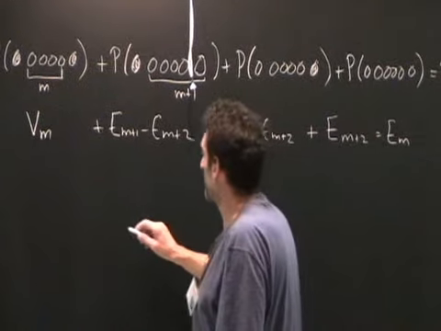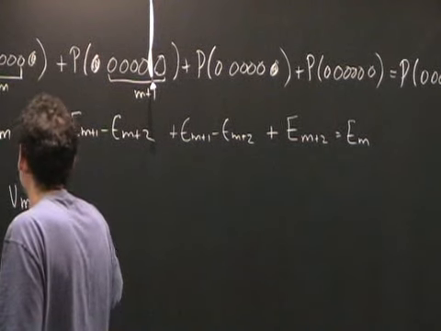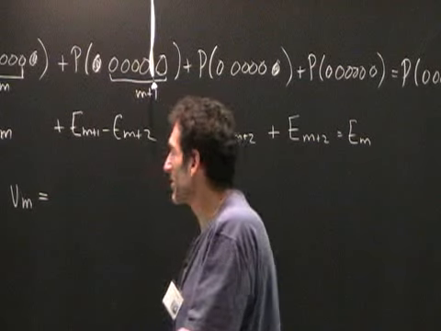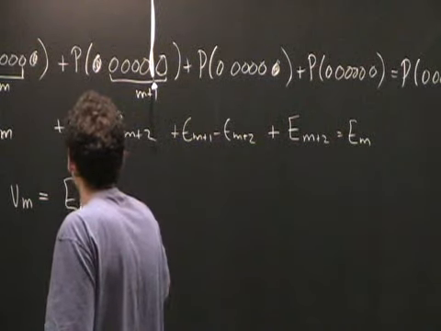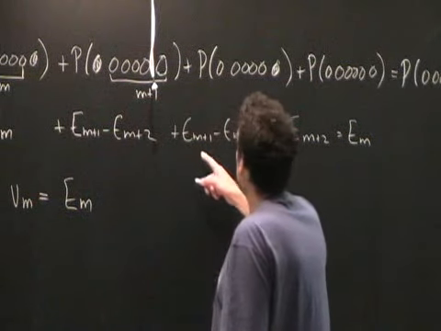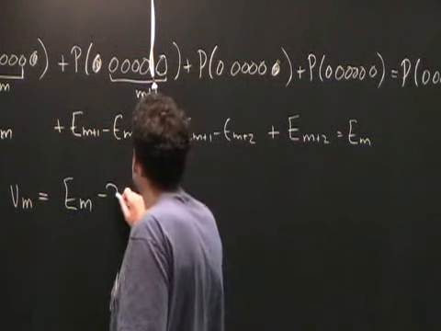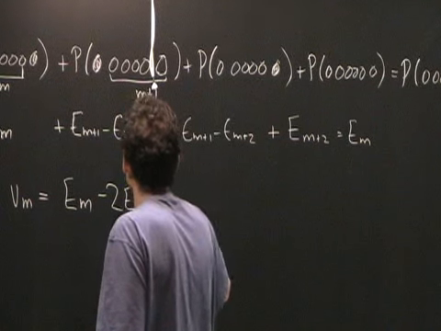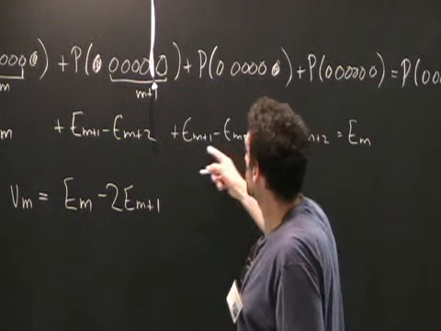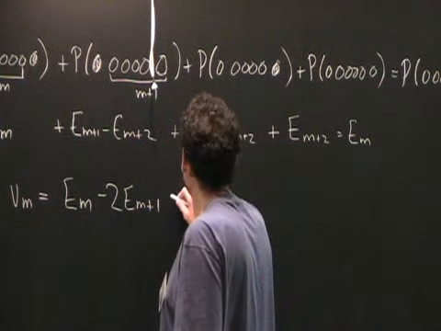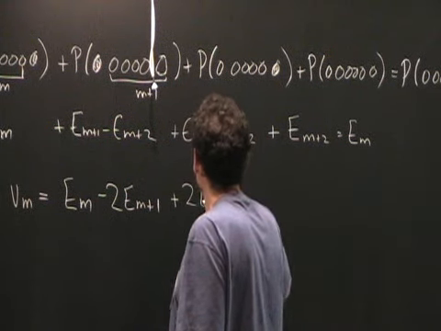So finally, we get a very simple relation, which some of you who are good at probability theory might have figured out without doing any of this stuff. We have V m is E m, minus E m plus 1, minus E m plus 1, and E m plus 2; we have 1 minus 1 minus 1, so we have plus E m plus 2.